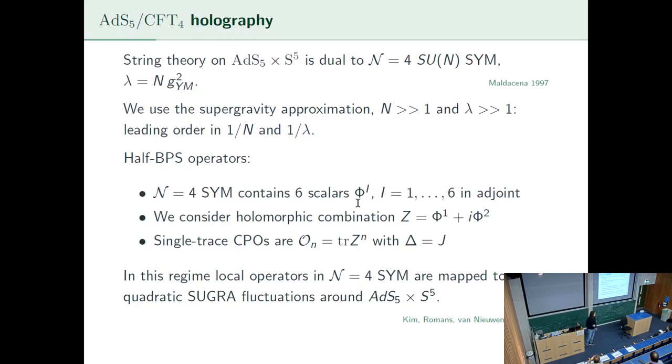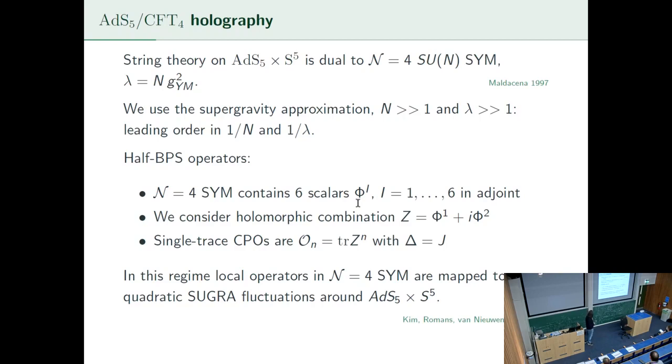As you know, N=4 super Yang-Mills contains 6 scalars in the adjoint representation of the gauge group. And out of these 6 scalars, I'll be interested in only phi1 and phi2, from which I'm forming the holomorphic combination that I'm calling Z, and their conjugates.